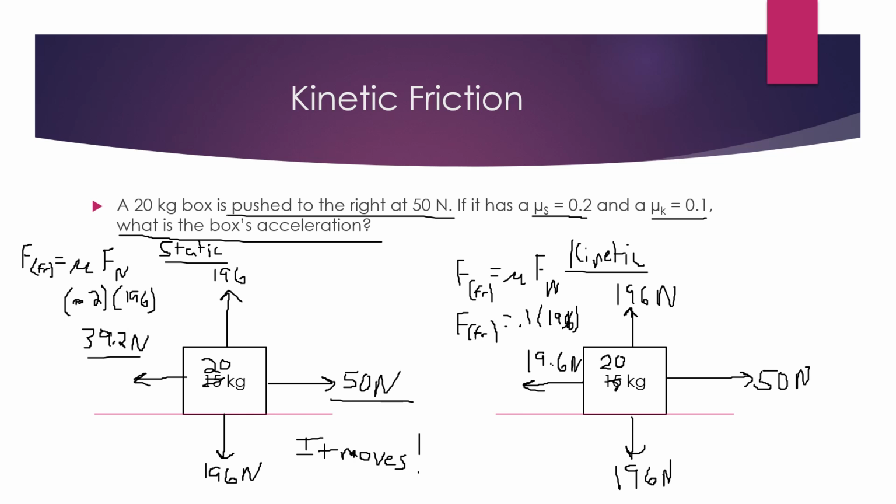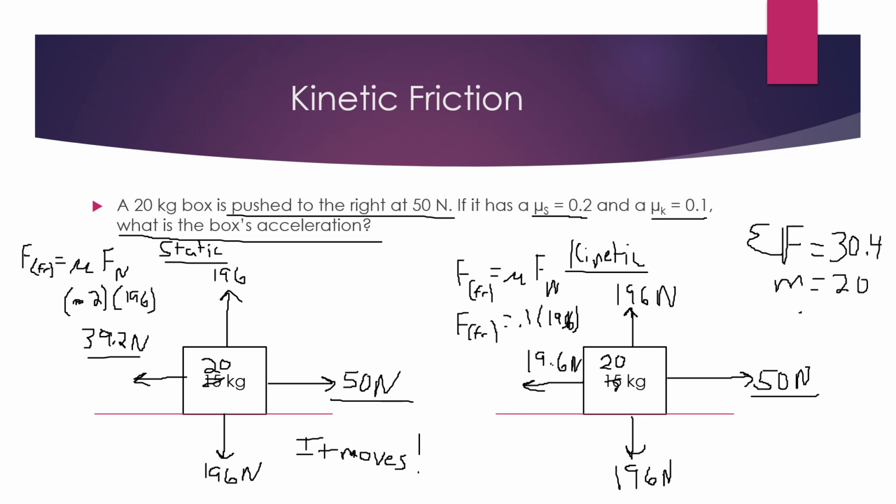So I say, what is the box's acceleration? Well, we just had problems like this all last week. To get the net force, it is 50 minus 19.6, 30.4. We just subtract the push and the friction, just like we've been doing. The mass is still 20. That hasn't changed.